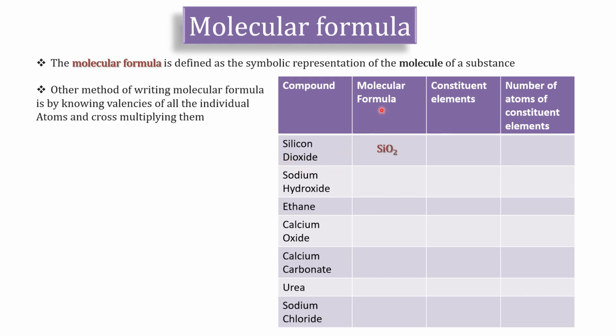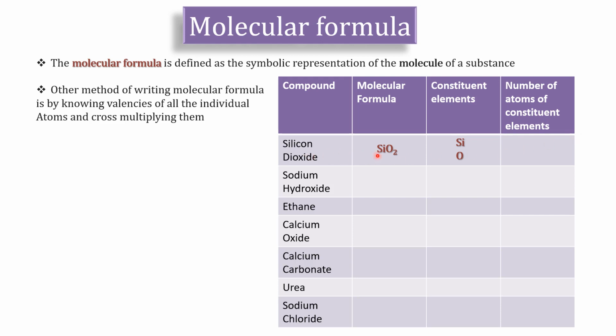Silicon dioxide, the molecular formula is SiO2, where we all know that Si represents the silicon atom and capital O represents oxygen. So how many constituent elements are there in silicon dioxide? There is silicon and there is oxygen. Now here we have to write down the number of atoms of constituent elements.